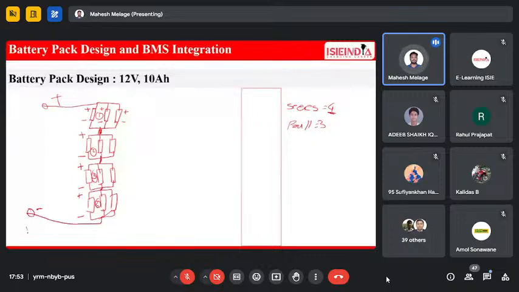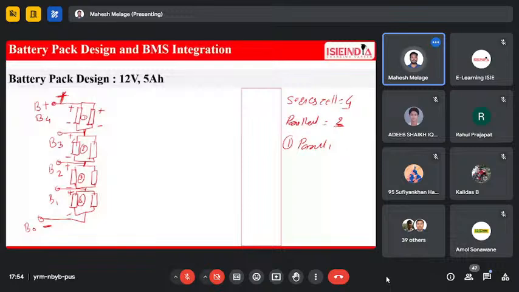We denote this as B0 or B negative. This is the B1, this is the B2, this is the B3, and similarly this is the B4, denoted as B positive. You can see this is the difference.